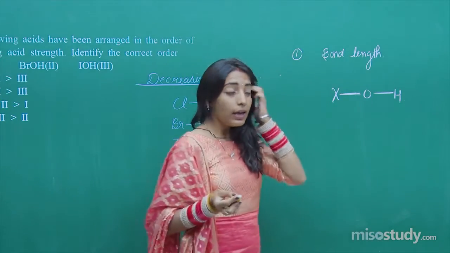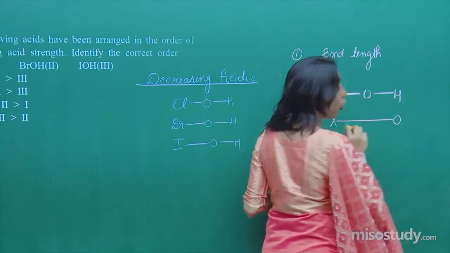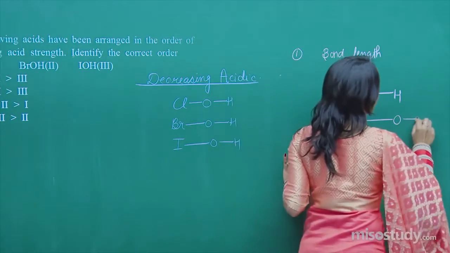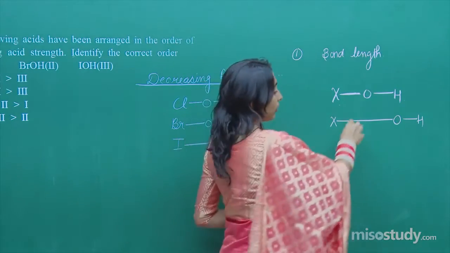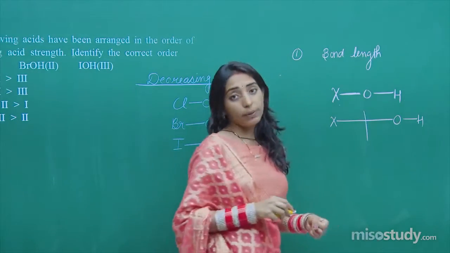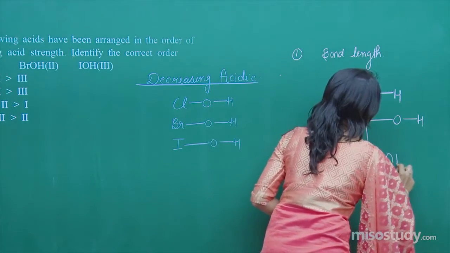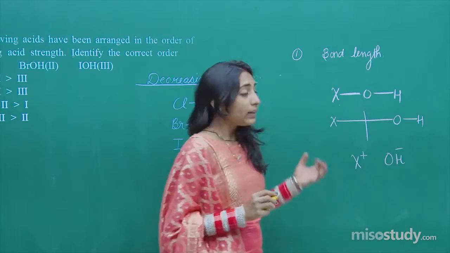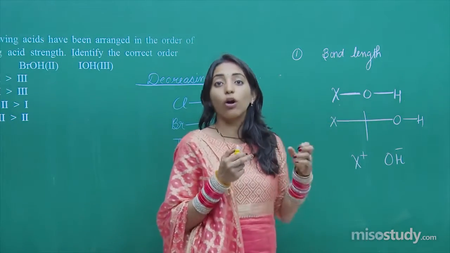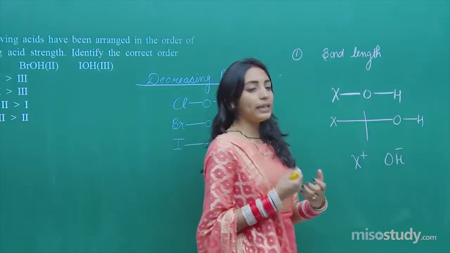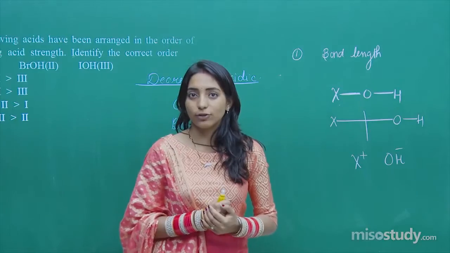Now see, if X-O is a longer bond and O-H is a smaller, stronger bond, then when you dissolve it in water the X-O bond will break up, and you will get X plus and OH minus. That means the compound having the longer or weaker X-O bond will behave as a base in nature.